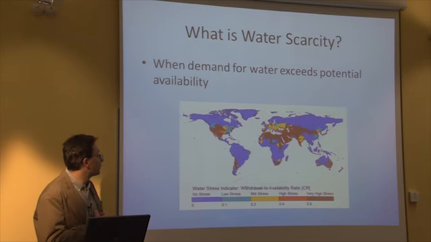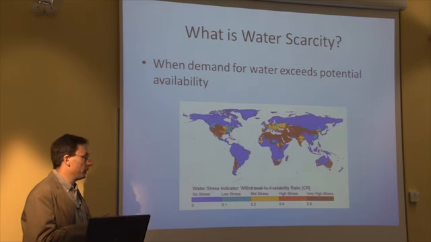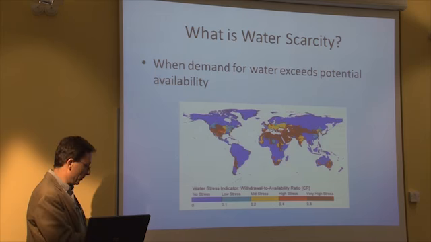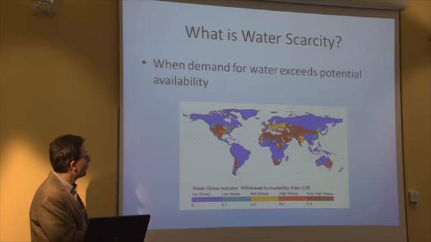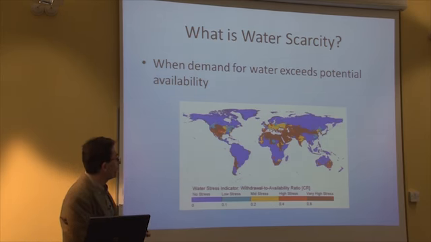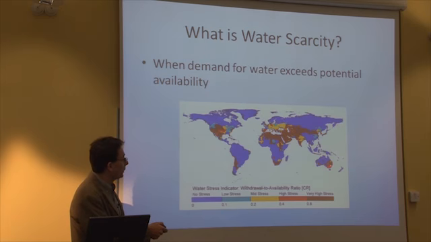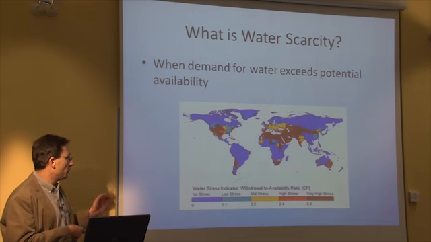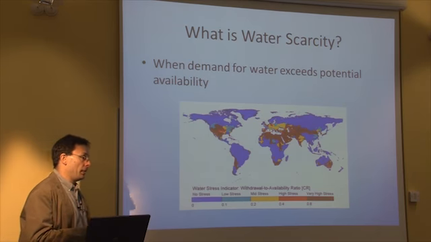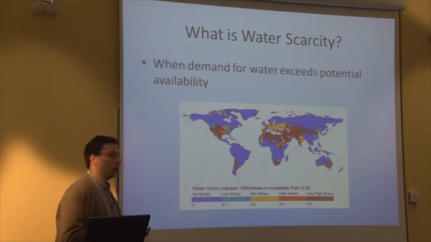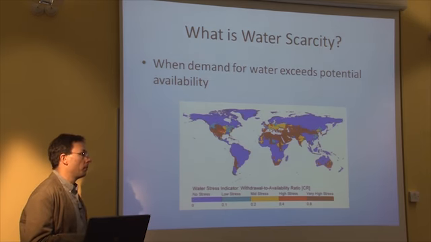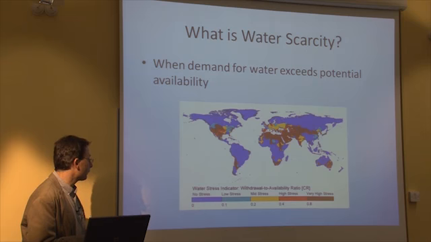And this index is applied at a river catchment scale. So each of these little colors is an individual river catchment. So for example, down here we have the Murray-Darling catchment in Australia. And then you can categorize a river catchment by how stressed it is or how scarce water is as a function of this balance between demand and supply.